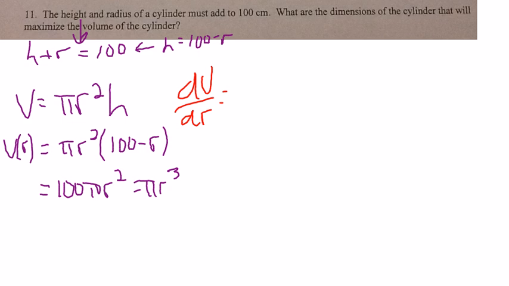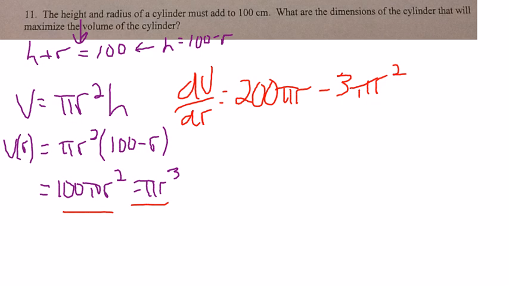So I get dV/dr. Do power rule. That gives me, for this one, 200 pi r, and then for this one, minus 3 pi r squared.